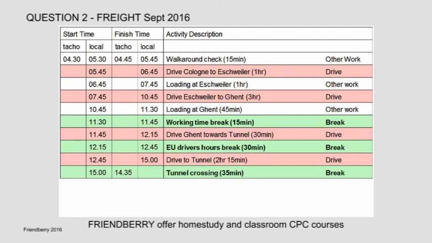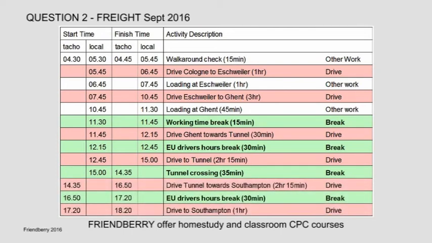The time on the ferry counts as the first 15-minute half of a split 45-minute break. The second half of this split EU driver's hours break, 30 minutes, will be needed on the final leg to Southampton.